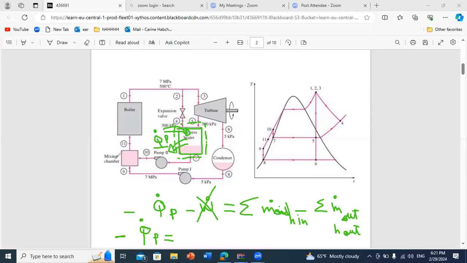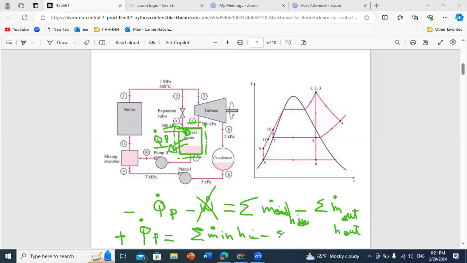So the balance, Q dot minus W dot, the exchange with the surrounding, is equal to the sum of M dot out H out. If you put plus Q dot process, which is the amount of heat released, you can keep the sum of M dot in H in minus the sum of M dot out H out.